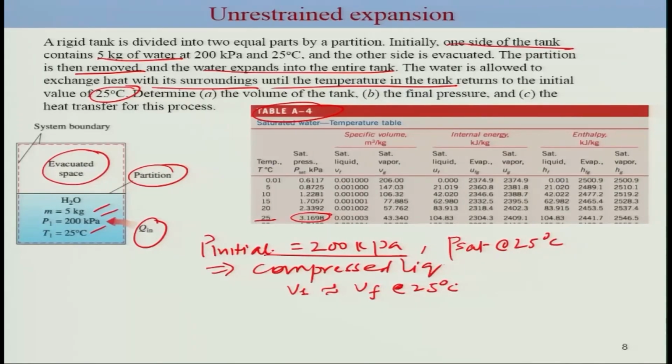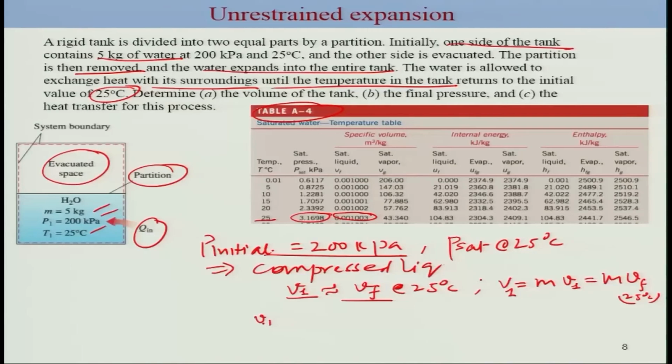We will often make such an approximation for compressed liquid, assigning the volume as simply the volume of the saturated fluid at 25 degrees Celsius. With that we can find the initial volume V1 from the specific volume at 25 degrees Celsius.